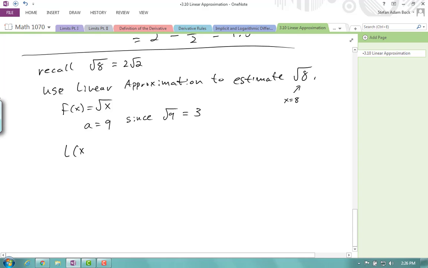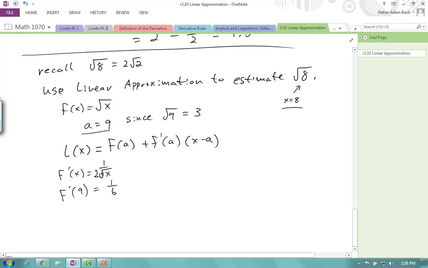My linearization is equal to f of a plus f prime of a times x minus a. My a is 9 and my x will be 8. All I need is f prime of x. So f prime of x is equal to 1 over 2 times the square root of x. So f prime of 9 will be 1 over 6.